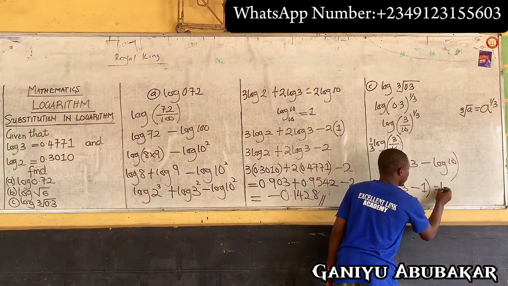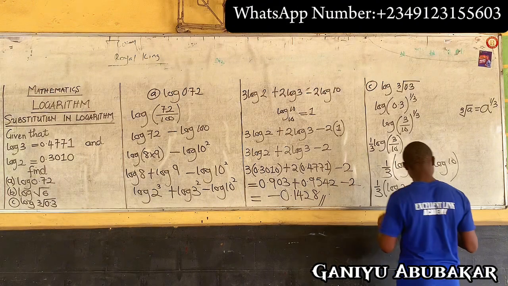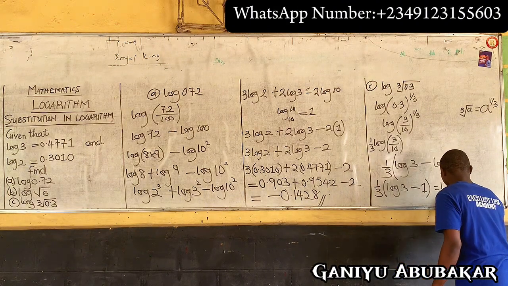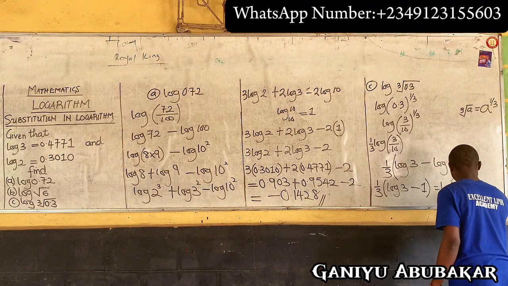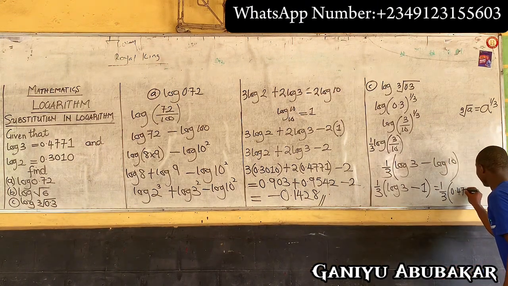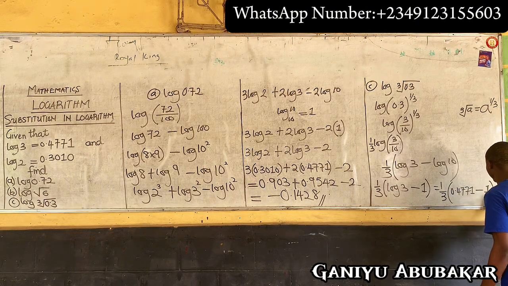This is now equal to 1 over 3 into log 3, which is 0.4771, minus 1.